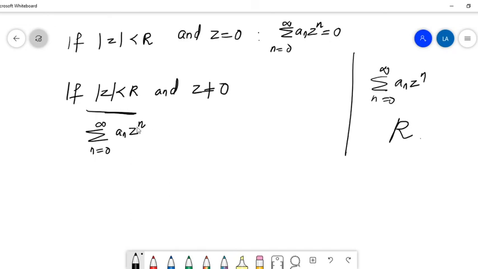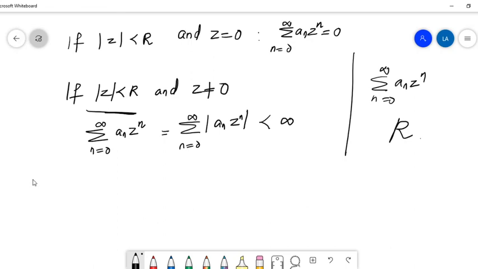And since these a_n are positive, this is equal to summation n equal to 0 to infinity modulus of a_n z raised to n, and since this is strictly less than infinity, this will also be strictly less than infinity.